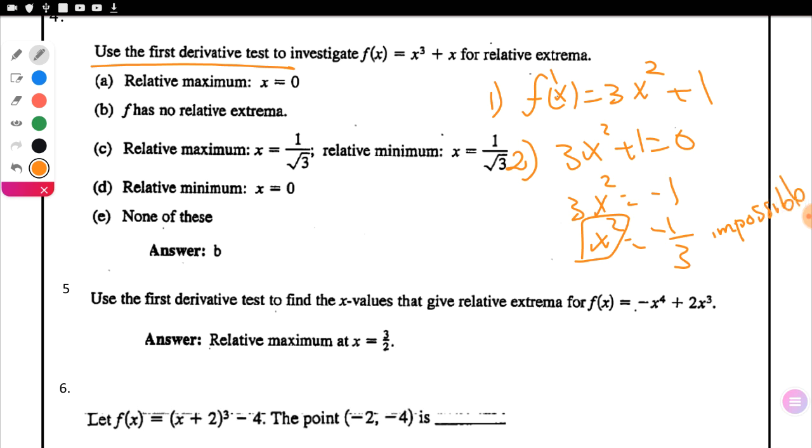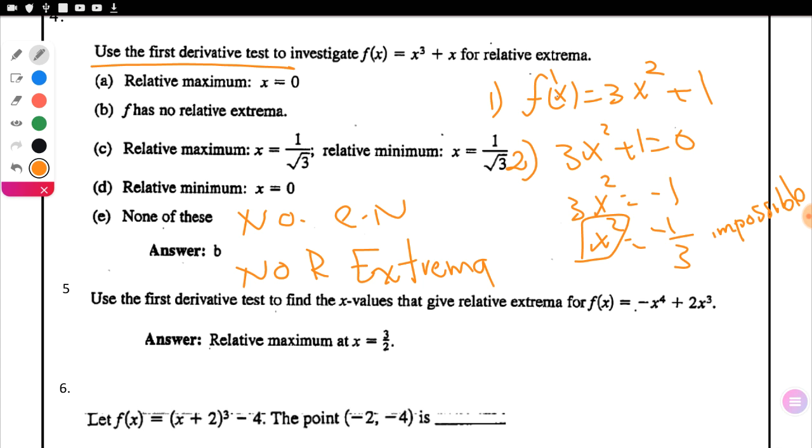In this case, since there is no critical number, there are no relative extrema, because relative extrema occur at critical numbers.